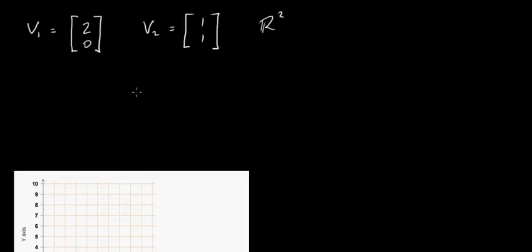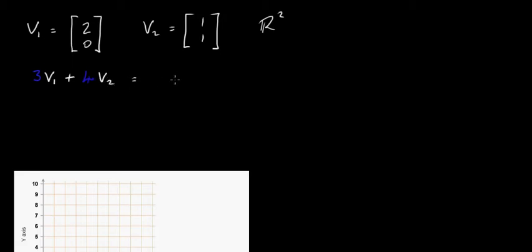A linear combination of these two vectors will be in the form alpha times v1 plus beta times v2, if you like. So some constant times this plus some constant times this. Well, let's take, for example, let's say 3 times v1 plus, let's say, 4 times v2.